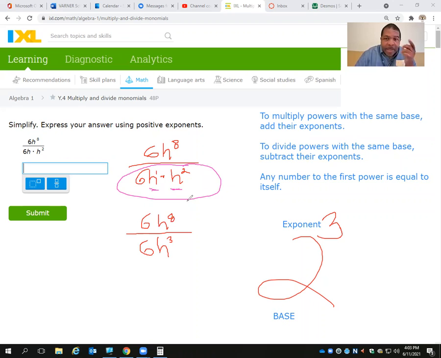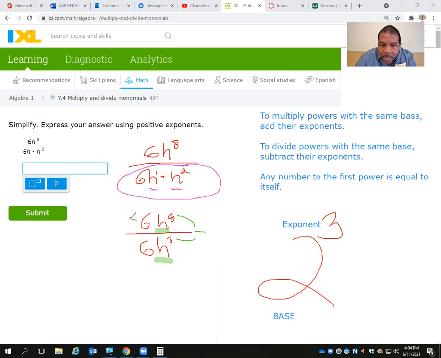Okay, now to divide powers with the same base, h is the base, subtract their exponents. So I'm going to do 8 minus 3.